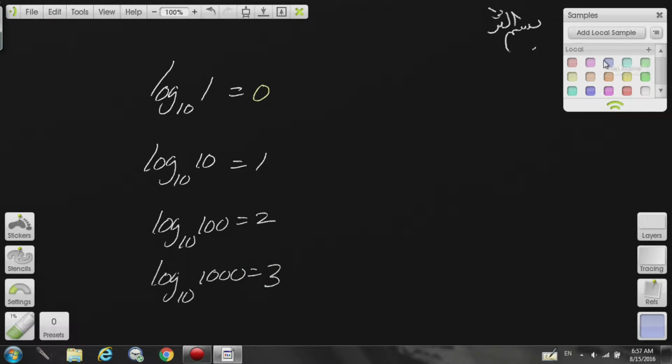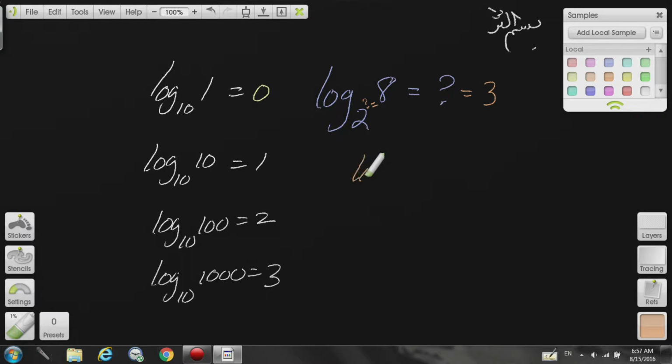Now watch this. Log base 2 of 8. What is this? In other words, 2 to what power will give you 8? If you can, in your mind's eye, say that, well, this is going to be 3, correct?